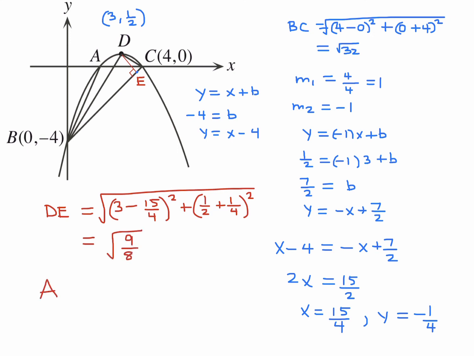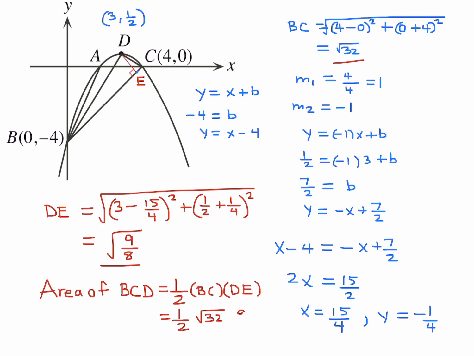So now we have the final step. Area of this triangle BCD is 1/2 base times height. The base is BC. The height I have designated as DE. And therefore 1/2 BC is root 32 up here.